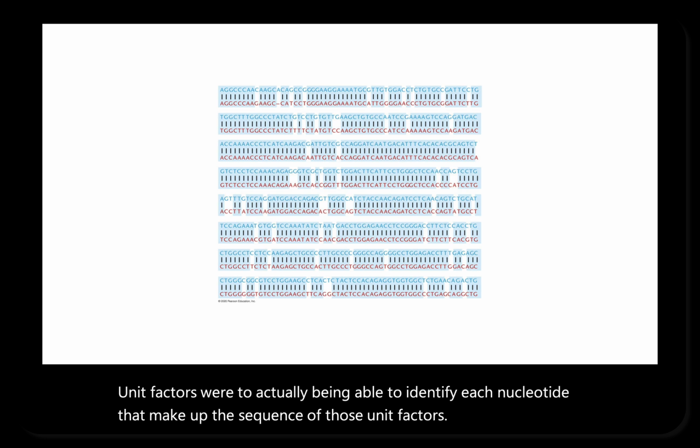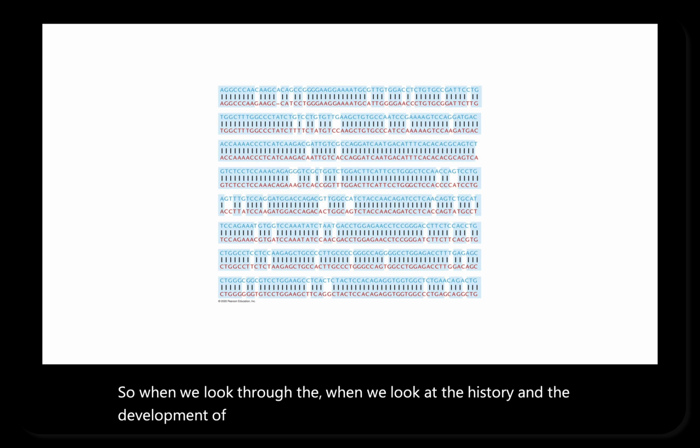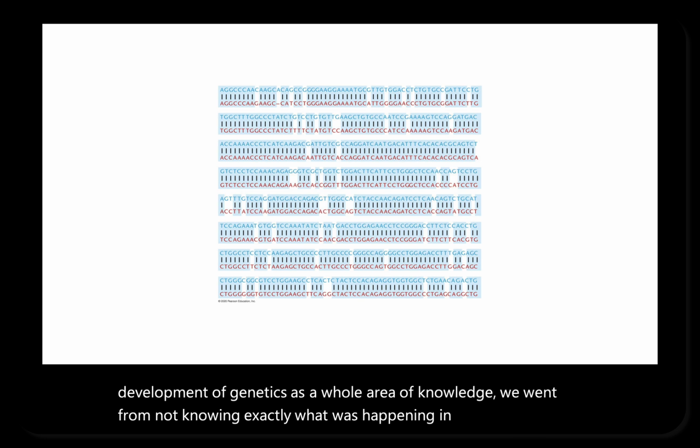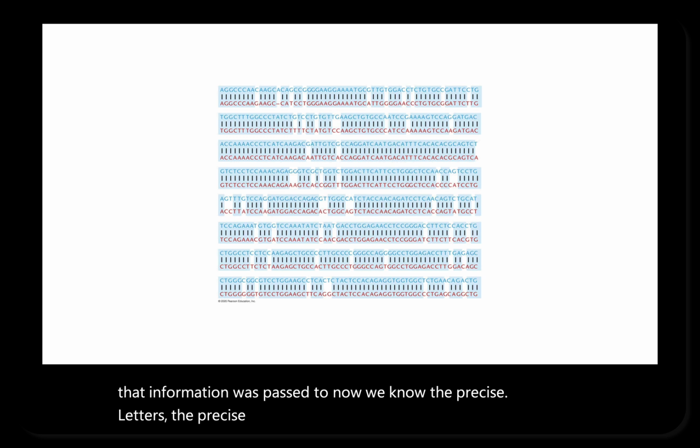So when we look at the history and the development of genetics as a whole area of knowledge, we went from not knowing exactly what was happening in the cell and how that information was passed to now we know the precise letters, the precise nucleotides that make up each sequence of genes in a genome.